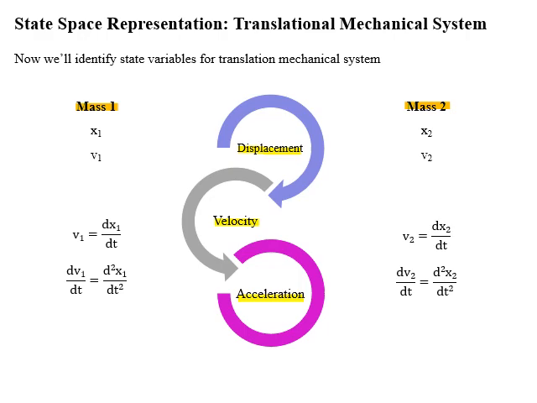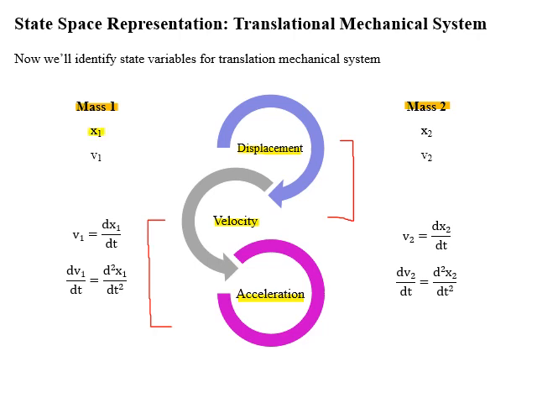Now if we look at the relation between these variables, we know that rate of change of displacement is velocity, rate of change of velocity is acceleration, and as a rule we have to choose minimum number of variables for the state space model of a system.